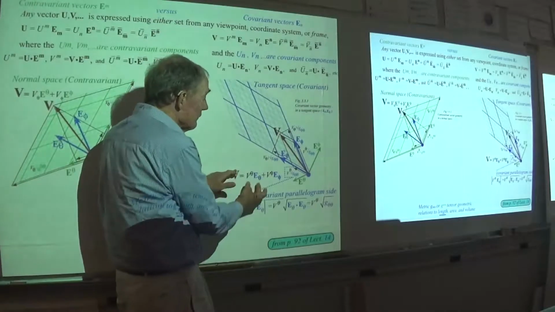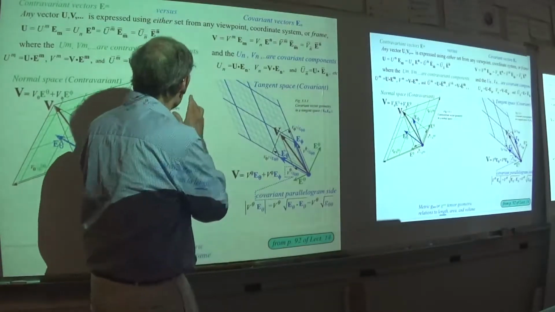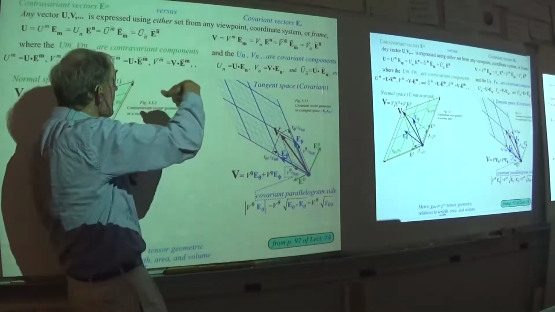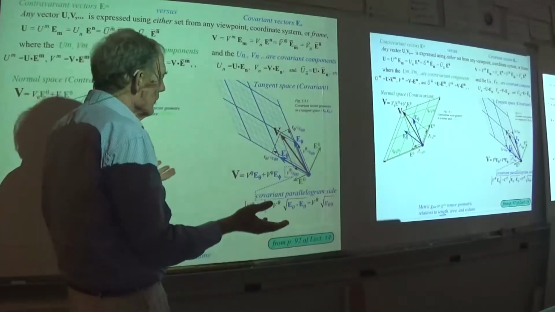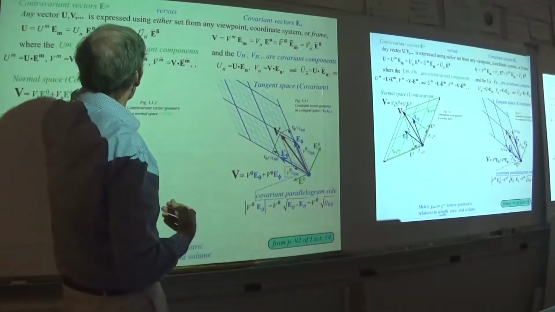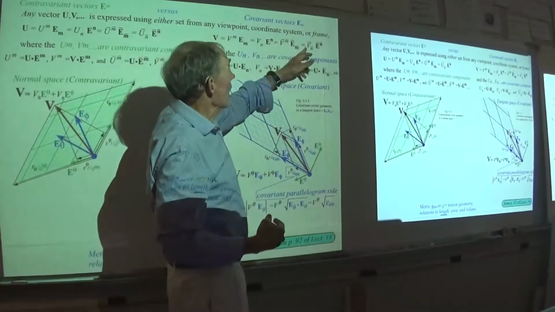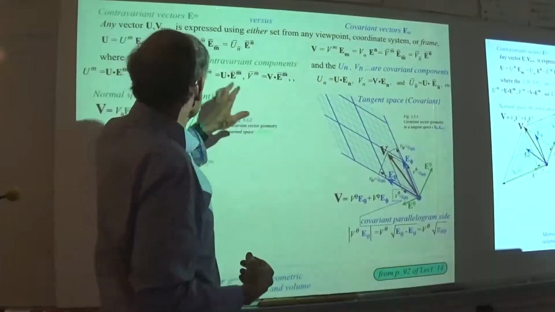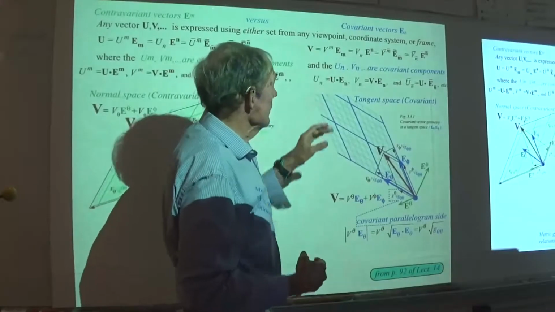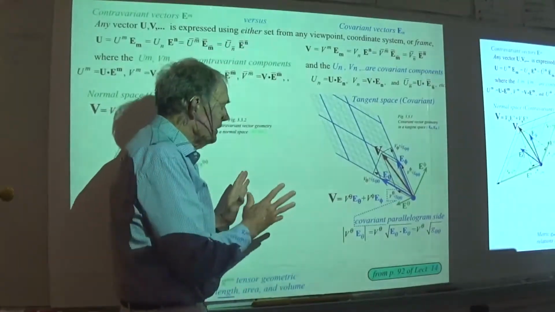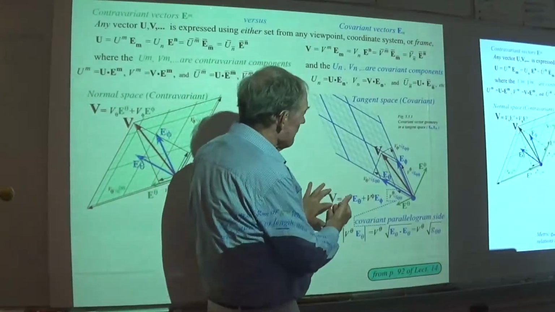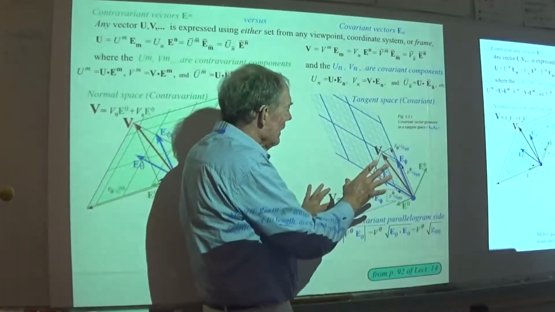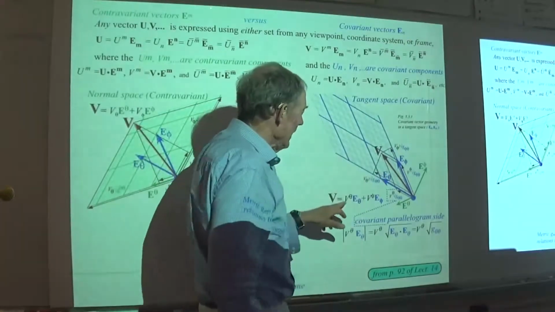If I have a new set of covariant and contravariant vectors that I'm indicating here with little lines over them, E bar we'll call them, and then there's a component that goes with it, V bar. So this would be, say, one vector, and this would be another vector. But the idea of all of this is that these vectors represent some piece of machinery or some device, and these are just different ways to look at that.